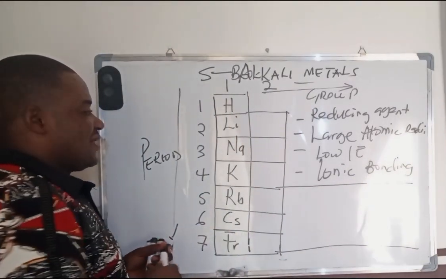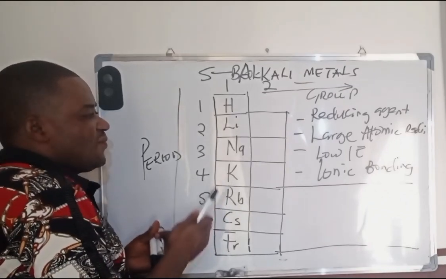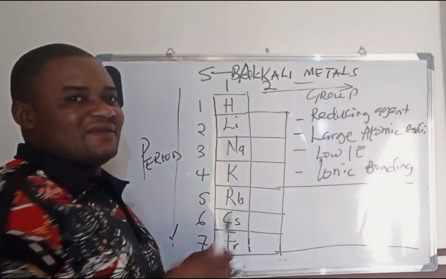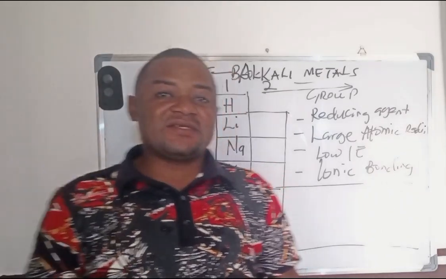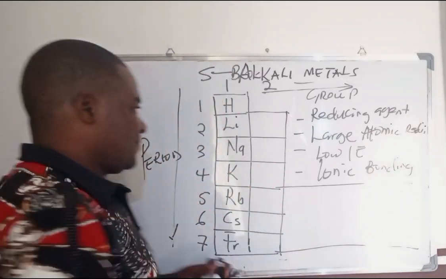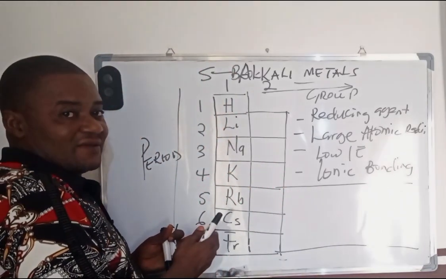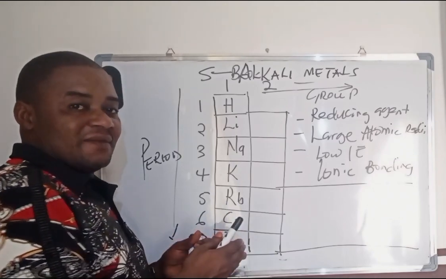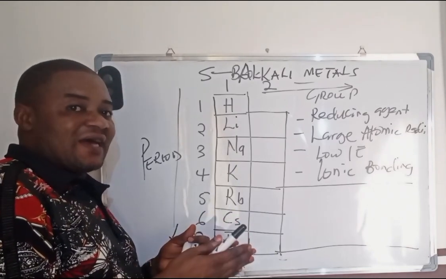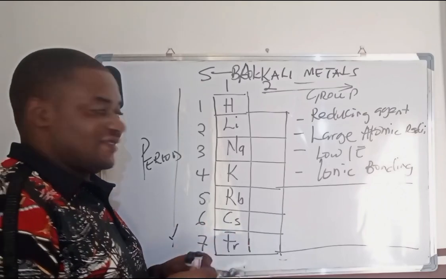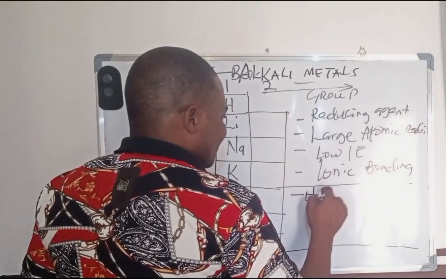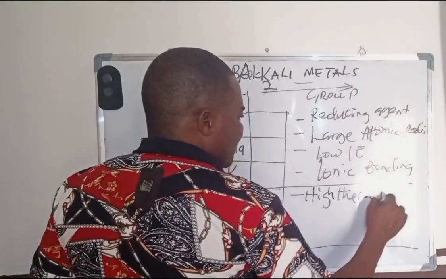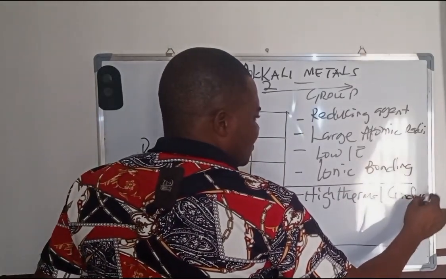And do you know that because we term them alkali metals, they show characteristics of metals. Yes, they show characteristics of metals. That means that they have high thermal conductivity.